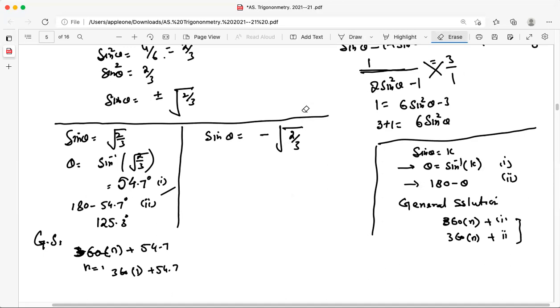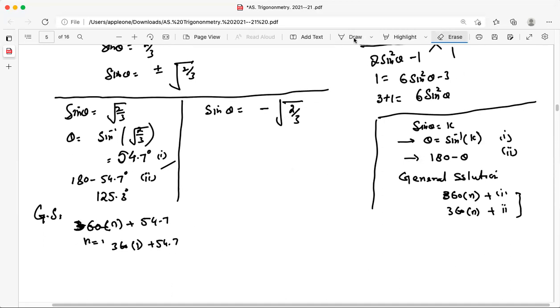Now for the second, also check the second one. I'm showing it to you, although I know it's not the answer, only so that you understand it. For other questions, in some the limit is more than 360, so you will have to follow these steps. So 360 with n equal to 1, into 1, plus 125.3.